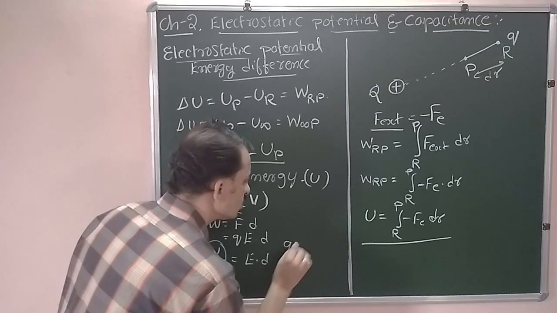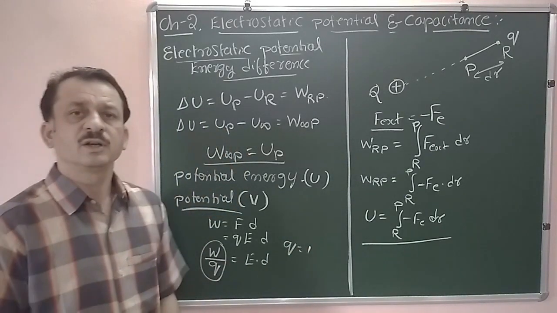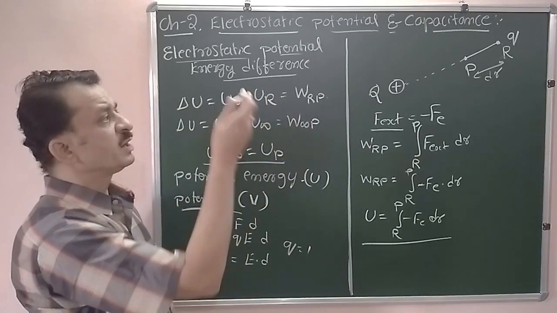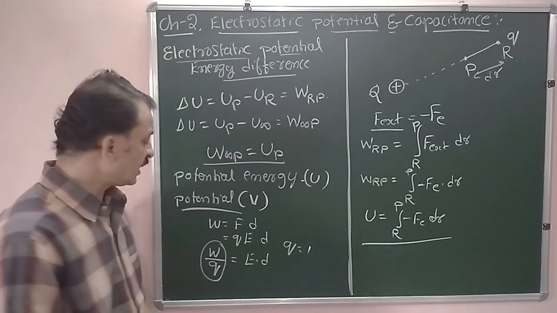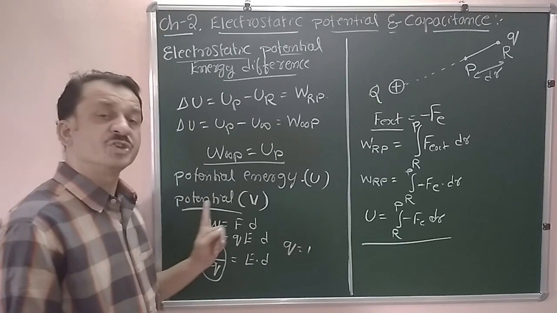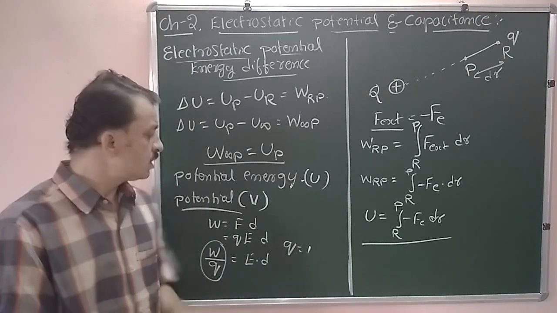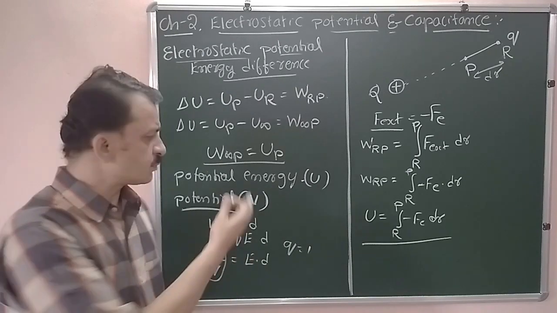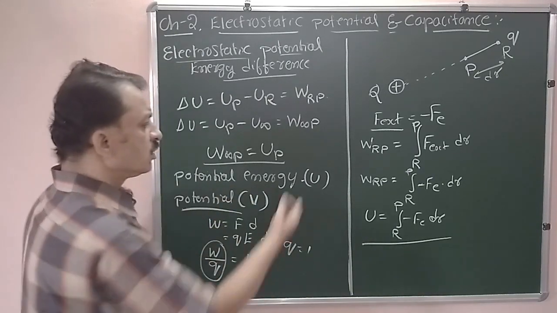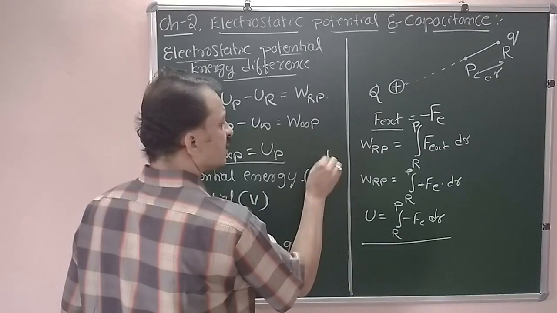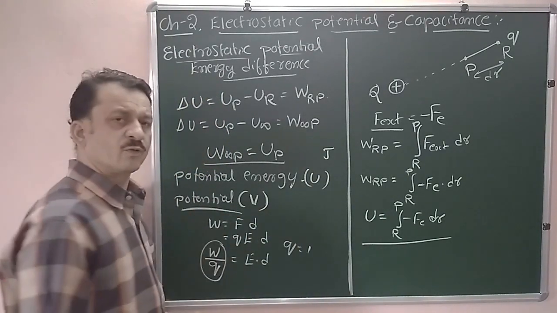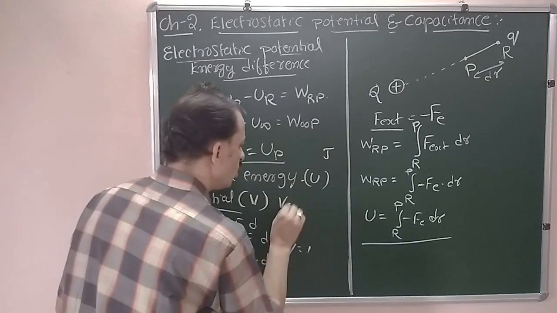That means Q is equal to 1 here. We are bringing a unit test charge from infinity to the given point. That defines electrostatic potential. Now, what are the SI units of potential energy and potential? The SI unit of potential energy is joule, and the SI unit of potential is volt.